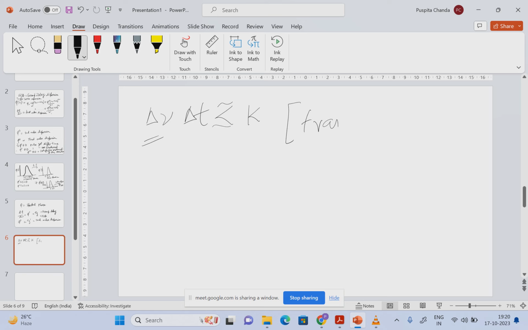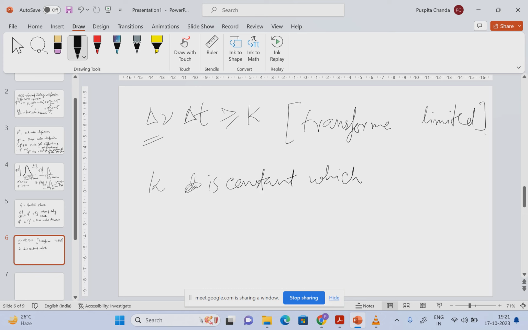This is called the transform limit. Now k is a constant which depends on the shape of the pulse. Okay.